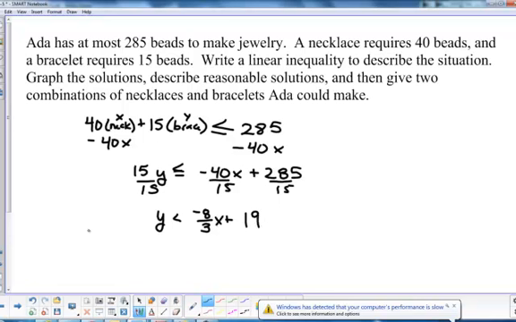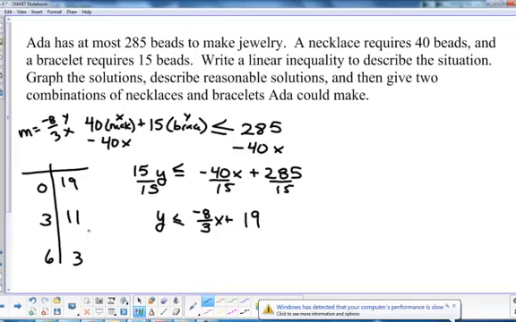Alright, so what that means, negative 8/3, is 0 gives us 19. And then as slope, negative 8 over 3. As x goes up by 3, y goes down by 8. So let's go up by 3 and go down by 8. So 3 would give us 11. And if we go up by 3 again and go down by 8 again, 6 would give us 3.